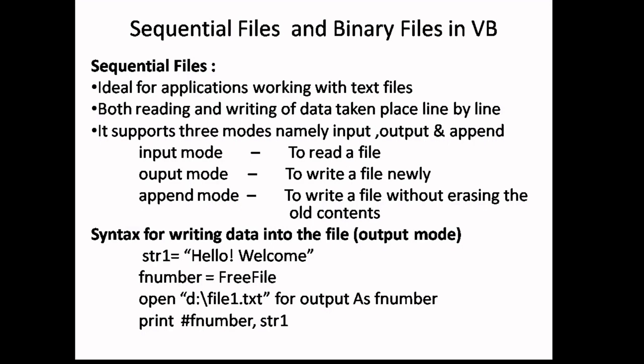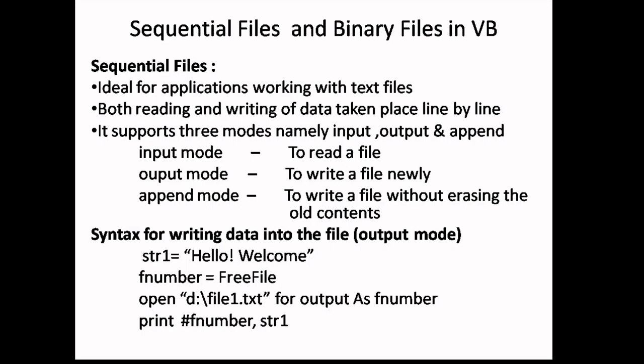Okay, so the syntax for opening the file is Open "d:\file1.txt". That means file1.txt is a new file which is going to be created, and it should be created in drive D. The file is to be created for Output.